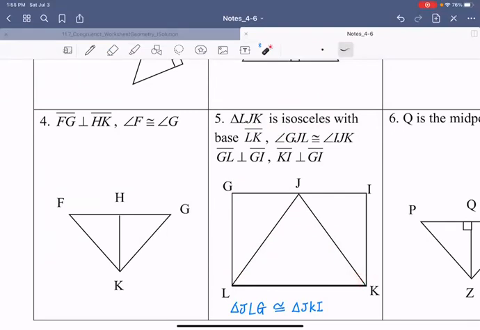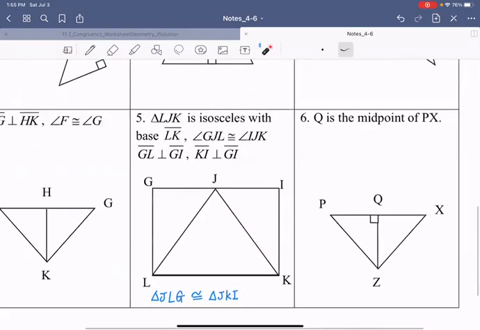Now, they also give you information saying this angle equals this angle, okay? And you want to prove this guy is congruent to this guy by what? HA. You know this is congruent based on the isosceles definition. And you also know these two angles equal. So this is called hypotenuse angle, HA. Okay, very good. Now next one.